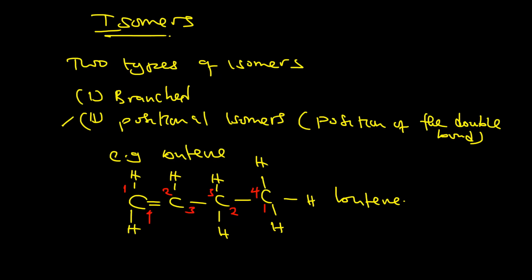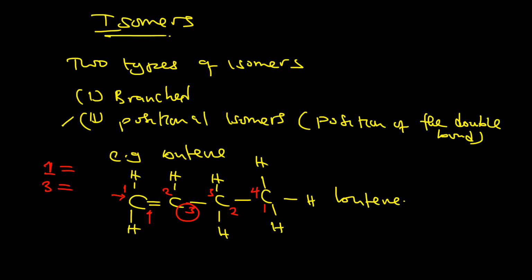Counting forward, the double bond is at carbon 1. But counting backward, the double bond is at carbon 3, because the number before the double bond is its position.